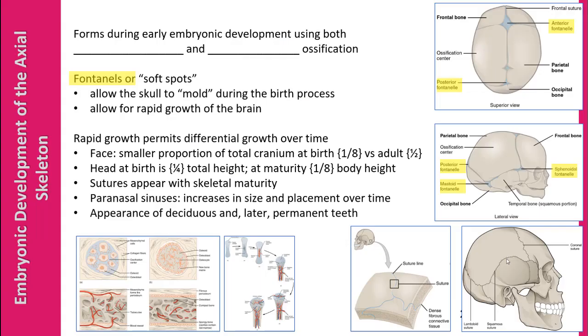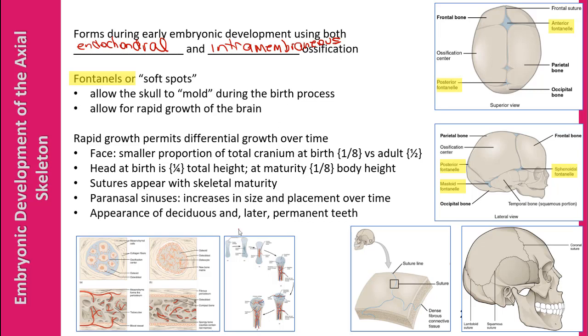And then the last slide here is just a little bit to do with the formation of the axial skeleton during the embryonic stage. And what we see here is that the axial skeleton uses both endochondral as well as intramembranous ossification.